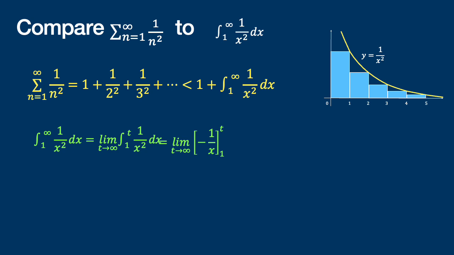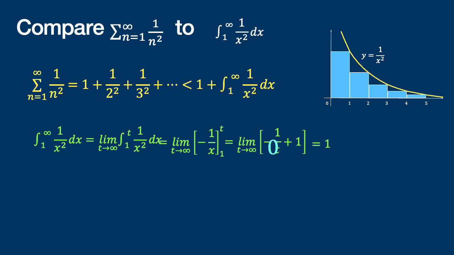I plug in t, I plug in 1 there. The limit as t approaches infinity of negative 1 over t plus 1. As t approaches infinity, 1 over t goes to 0, so the limit of this is 1. In other words, the improper integral is 1.